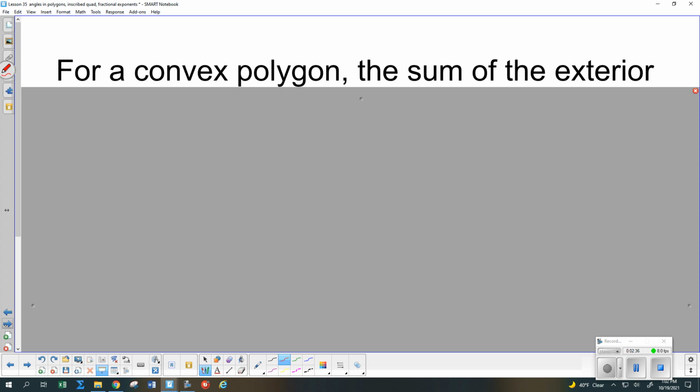If you have a convex polygon, let's take one exterior angle at each vertex. Does not matter if we take a triangle, if we take a quadrilateral, if we take a decagon, if we take a dodecagon, if we take a polygon with 100 sides.